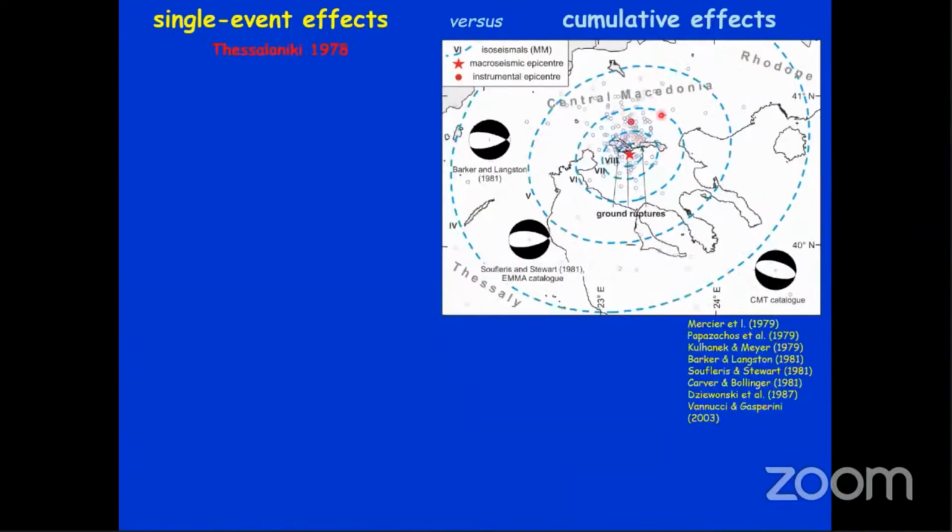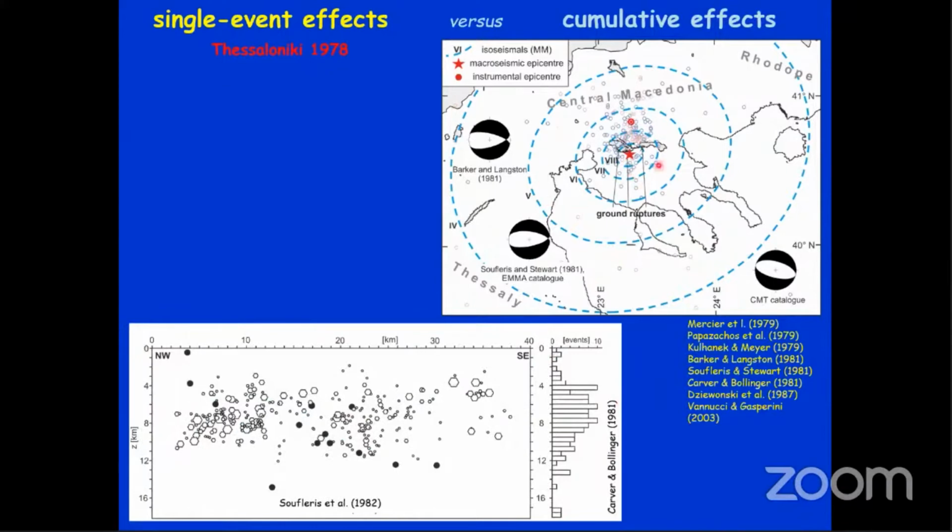The next example is the Thessaloniki event. Again, we have macroseismic fields, getting information, as I told you, about the depth, the magnitude, the macroseismic epicenter. We also have the instrumental epicenter and the focal mechanism. We also have the distribution of the seismicity associated with the major event, both areal distribution and depth distribution.